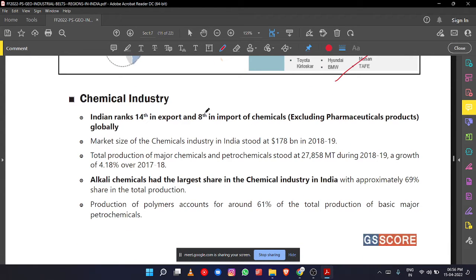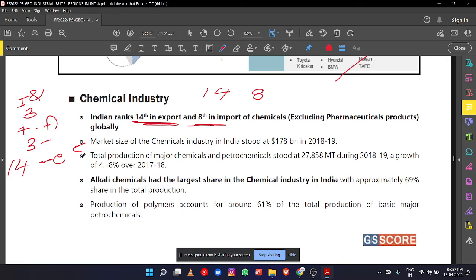Next one is the chemical industries. India ranks 14th in the global export of chemicals and 8th in import. 14 and 8. Once again, India is third in iron and steel, 7th in automobile manufacturing, fourth in automobile market, 14th in export of chemicals, 8th in import of chemicals.